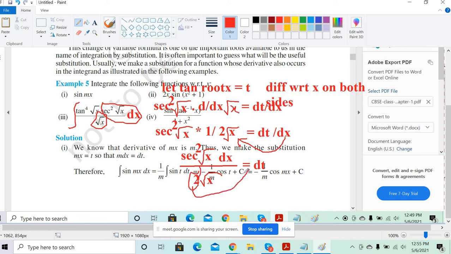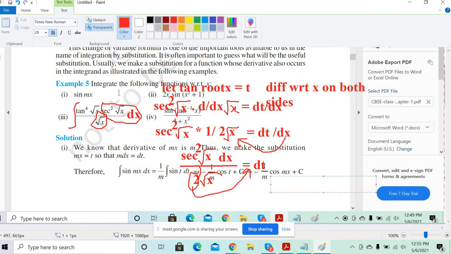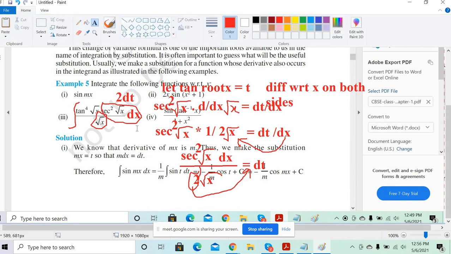This 2 we can move to here. Yes, sir. So it will become 2 dt. Then the entire secant square root x dx by root x can be replaced by 2 dt, isn't it? Yes or no?